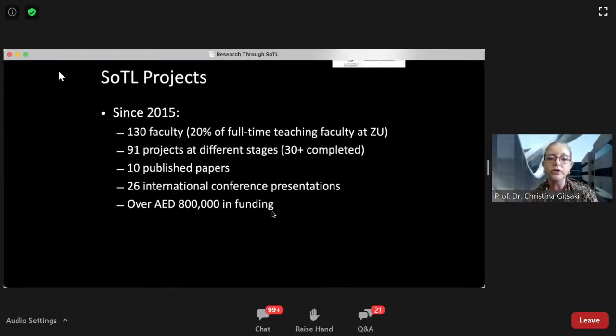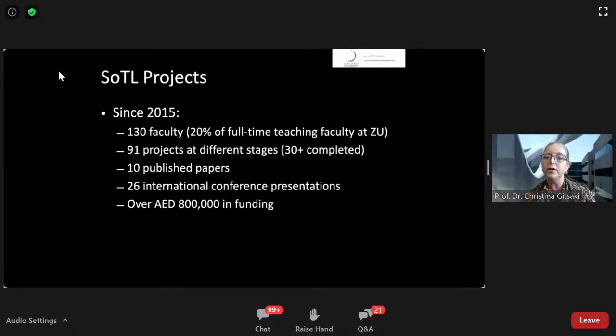I mentioned here also that we provide some funding. We run a teaching research innovation fund. So faculty that require some money to purchase materials for their students, these days usually subscriptions to apps or subscriptions to websites, to help them design their interventions and use those materials with the students to improve their learning.